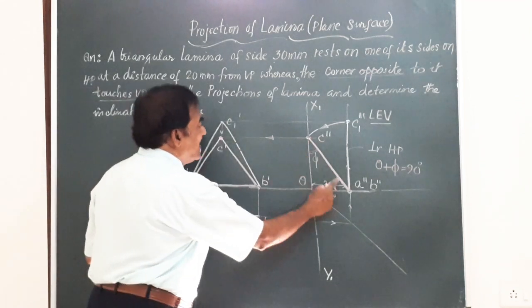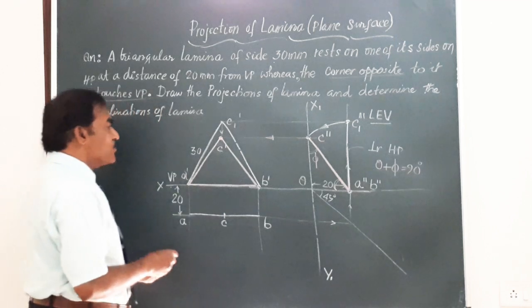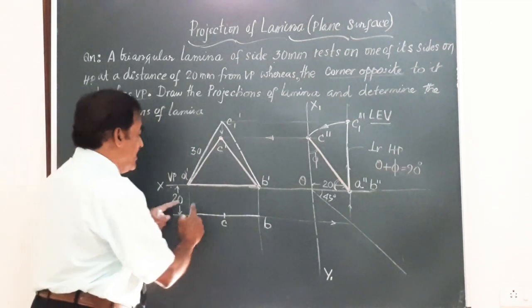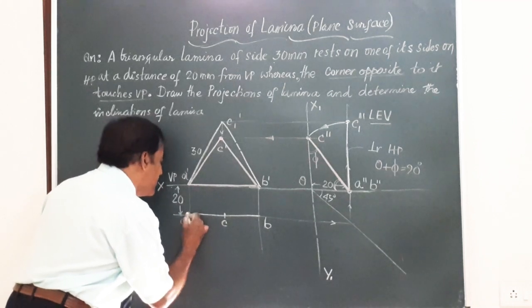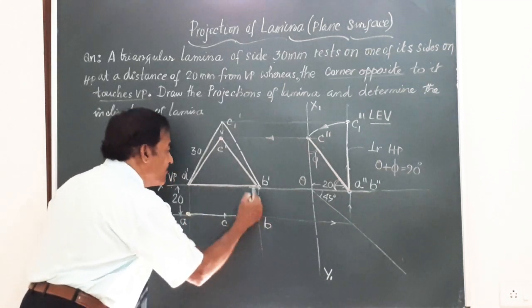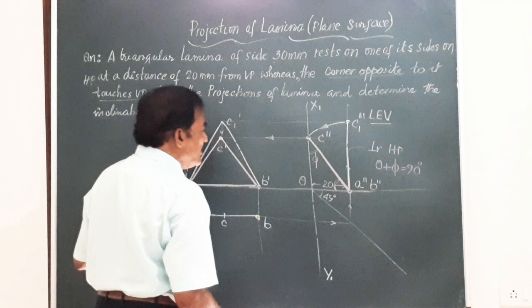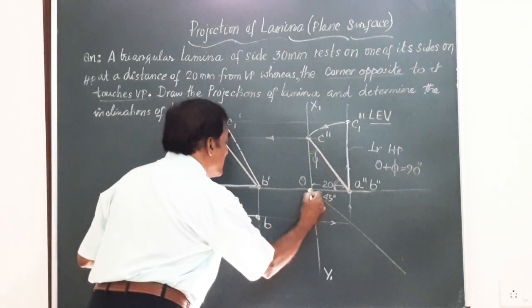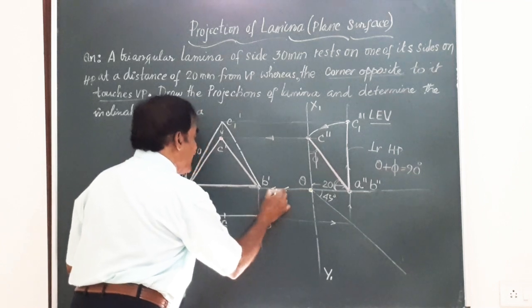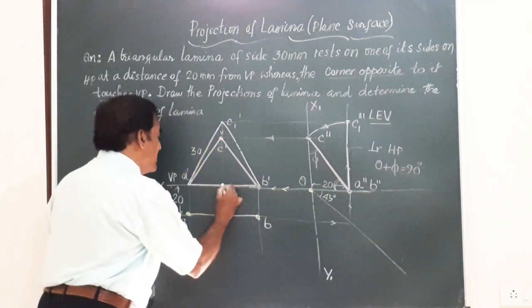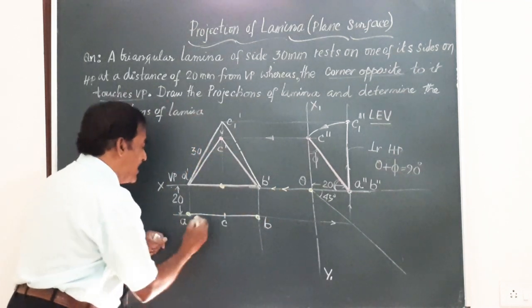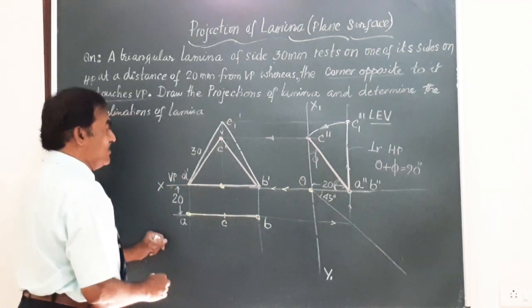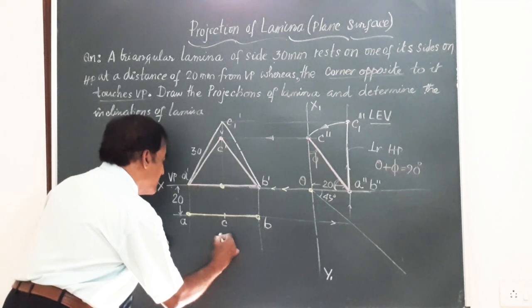This is the final left hand view and I should get finally the top view of this. Friends, AB is fixed, it won't move because it has to be at a distance of 20 mm from here, and C which was here will meet here. From there, if you draw a line, it will come exactly here. Friends, join A to B. A to B is the side which has a measurement of 30 mm.